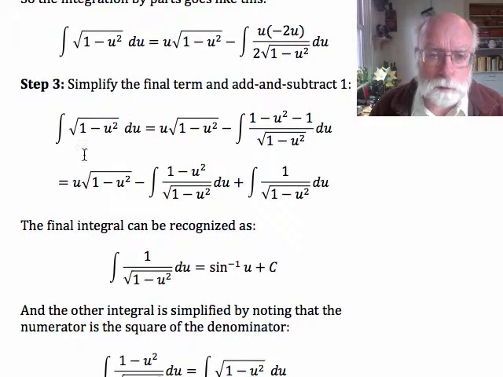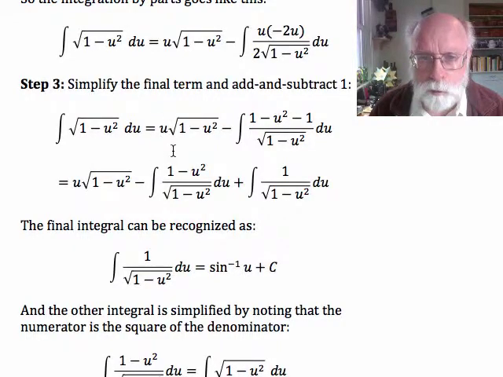The integral of the square root of 1 minus u squared du is equal to, from our integration by parts, u times the square root of 1 minus u squared minus an integral. And we can divide out the 2 to get just minus u squared and add and subtract 1 here. That won't change the integral. And we're going to then split apart this final integral right here after the u squared.